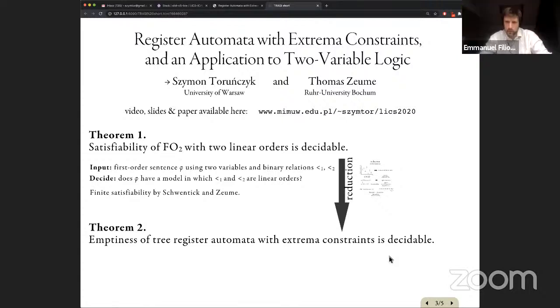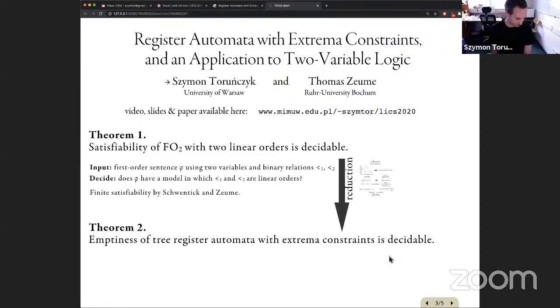Okay, I get the idea. Thank you. And that's why you need parity conditions and not just Büchi conditions in your automata? Yeah, well, no, I'm not sure if we really need parity conditions.